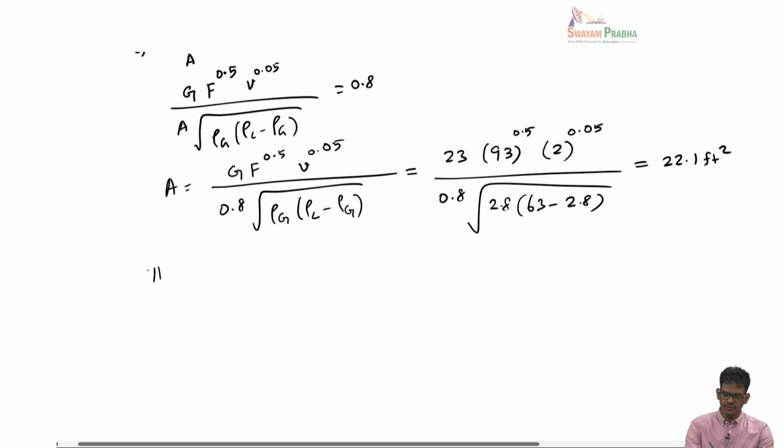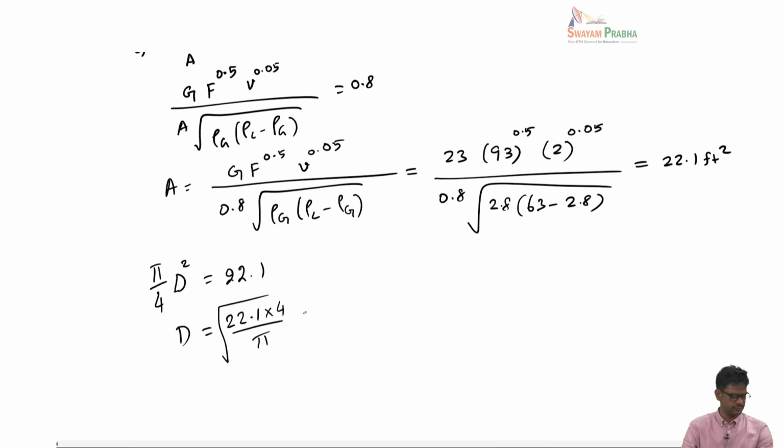And then you equate this to the cross-sectional area of the column. And then if you solve for D from here, you get something like 5.3 feet.